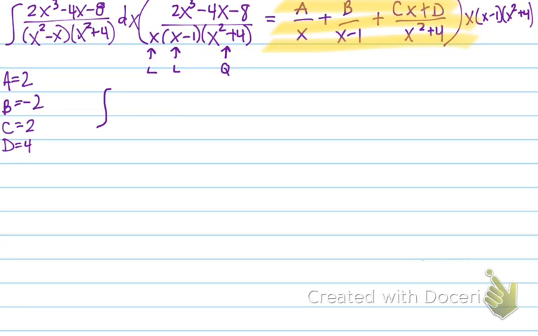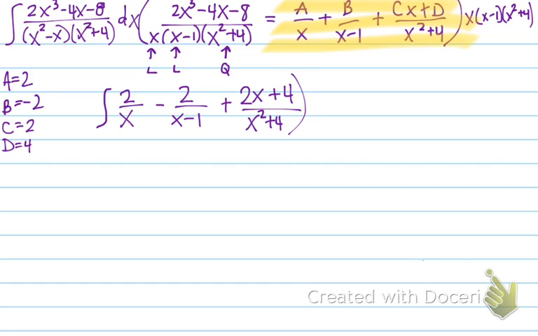So a is 2 over x plus b, which is negative 2, so I guess that'll be minus 2 over x minus 1, plus c, which is 2x plus d, so plus 4 over x squared plus 4. All of that with a dx right behind it. So again, the point of doing these partial fractions is that we're able to integrate a lot easier.